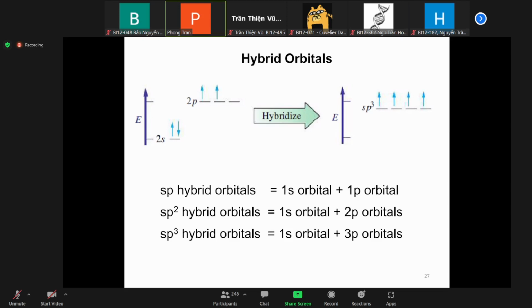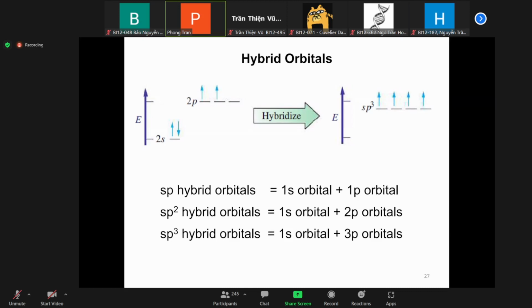That means the sp hybrid orbital will have a higher symmetry compared with the sp2, right? That's the meaning. You have more character of s, so that means higher symmetry. You have more p, that means you have less symmetry. It's important because when we talk about symmetry, the bonding can come from different directions. So that means you have more possibility to overlap with other atomic orbitals.